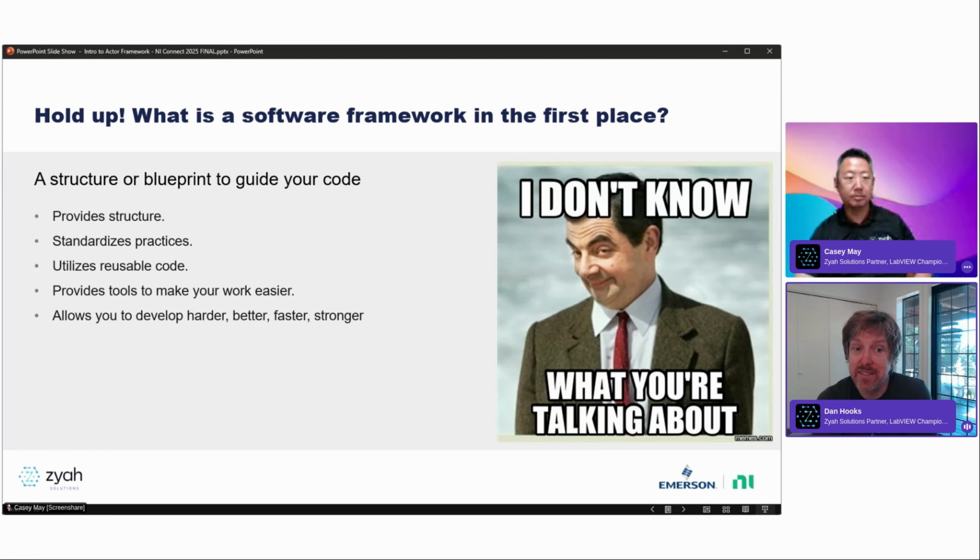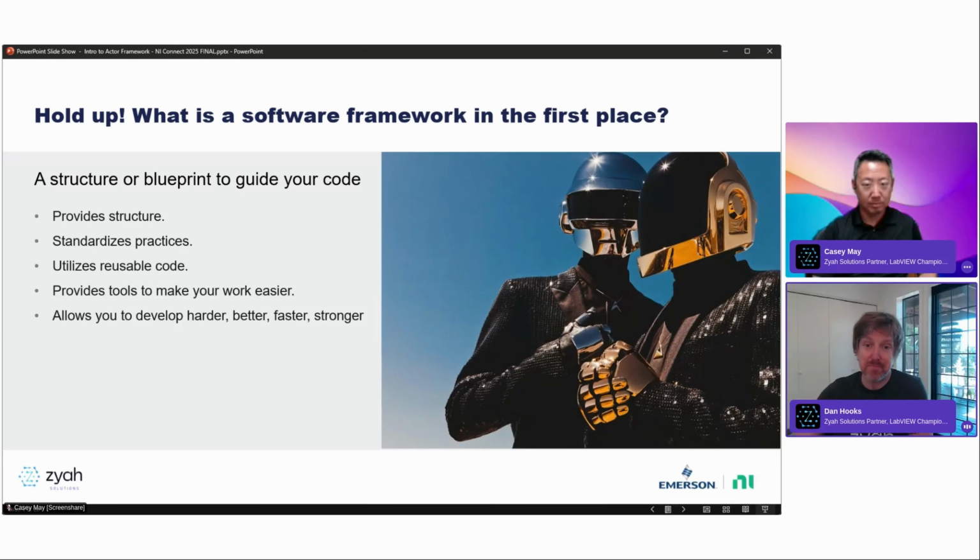It utilizes reusable code so that you're not doing everything from scratch yourself. It provides tools to make your work easier, and it allows you to develop harder, better, faster, and stronger, taking you from Mr. Bean to the sweet robots from Daft Punk. And we all know that those are clearly better programmers than Mr. Bean. Right. No doubt about it.